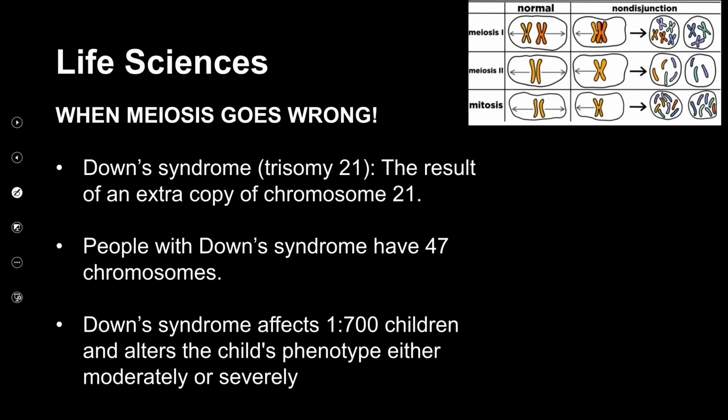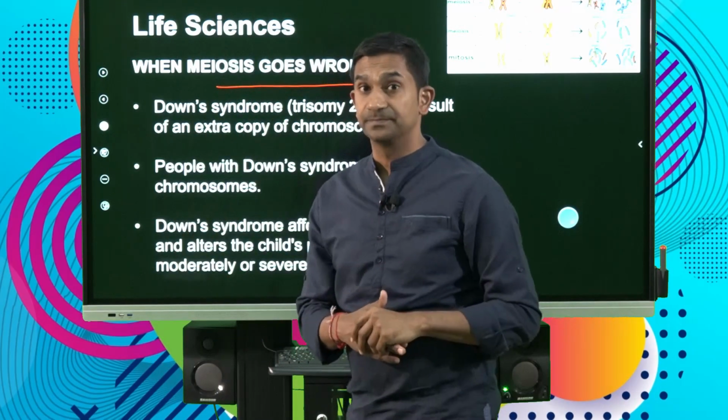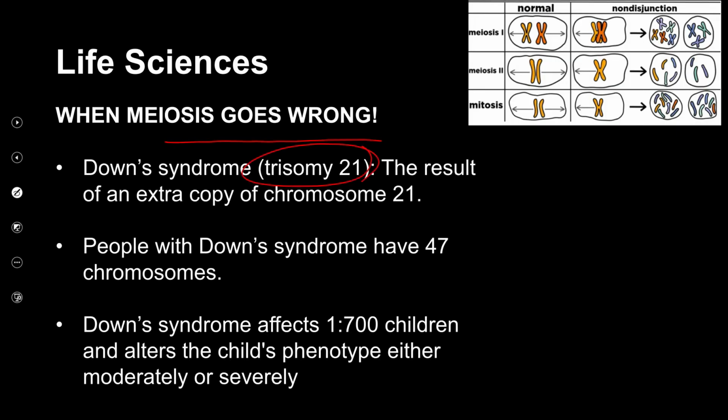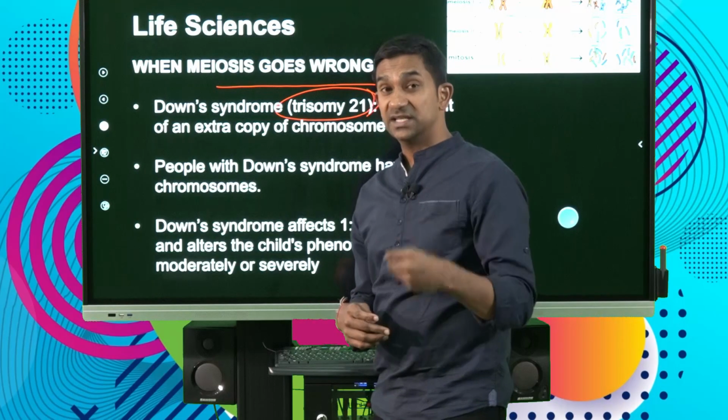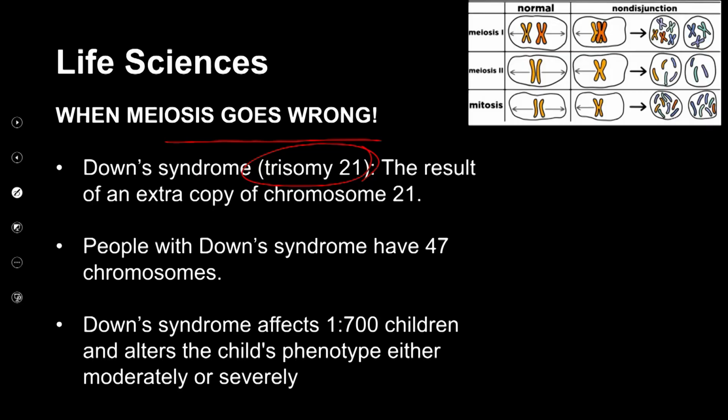So when cell division or meiosis goes wrong, we have what we refer to as one example, which is Down syndrome. Down syndrome is called 21 trisomy, referring to an extra set of chromosome number 21. The usual number of chromosomes that we have for each is a pair. Unfortunately, during a Down syndrome fertilization, we have 3 copies of chromosome number 21.